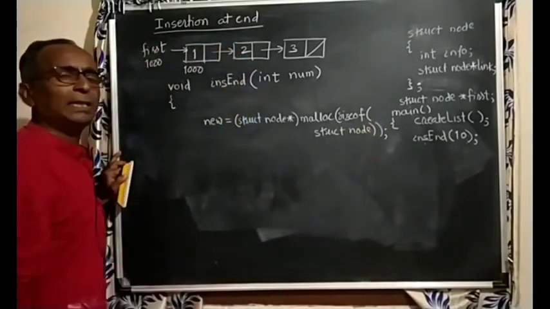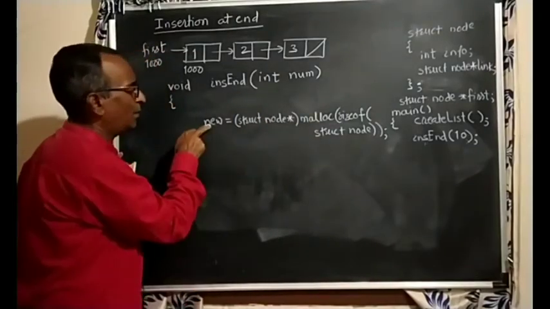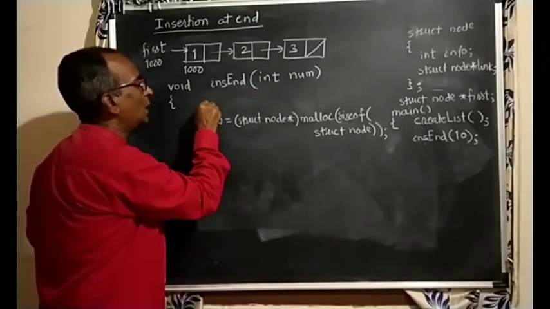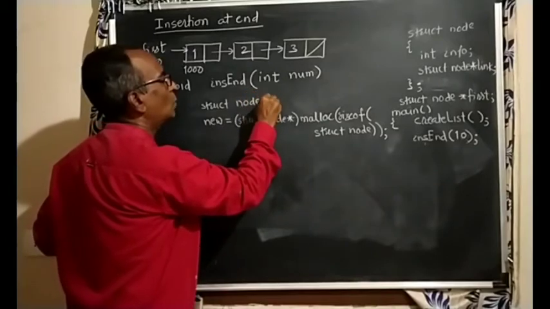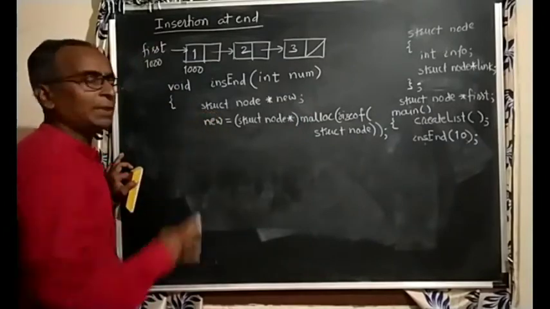This new node is created. All these things we have already said. New has not been declared, so you have to declare that. What should be the type? It is a pointer variable. Struct node star new. New node has been created.